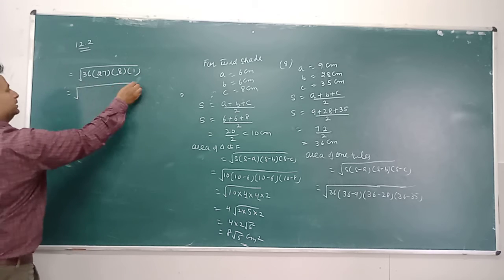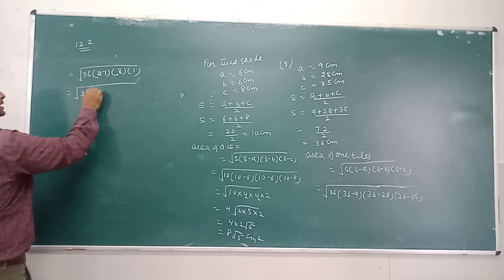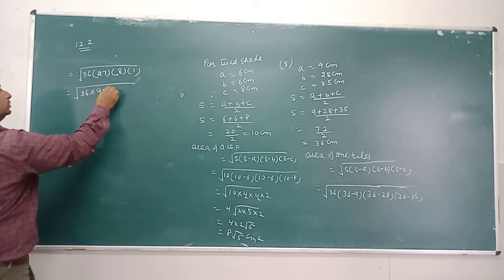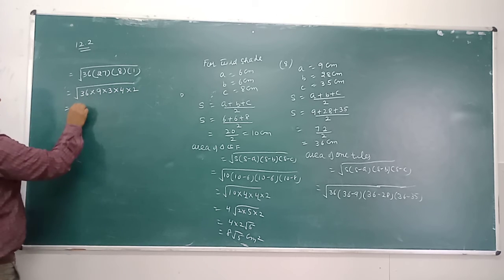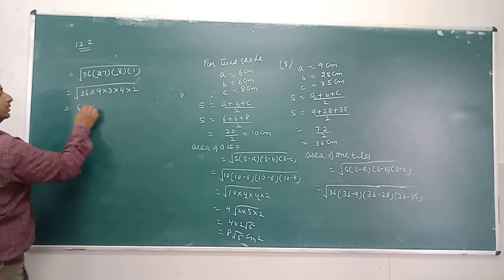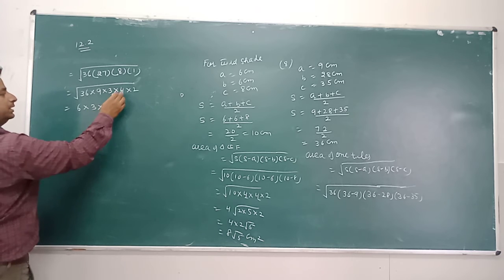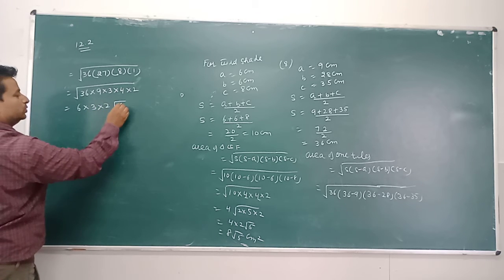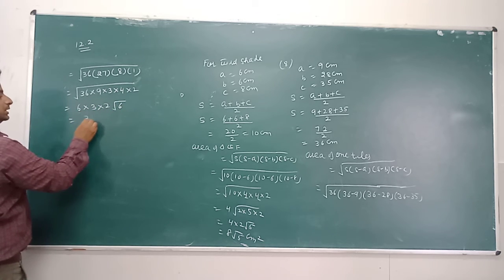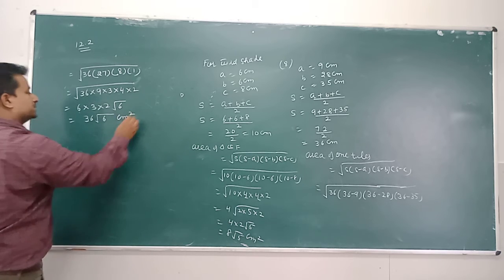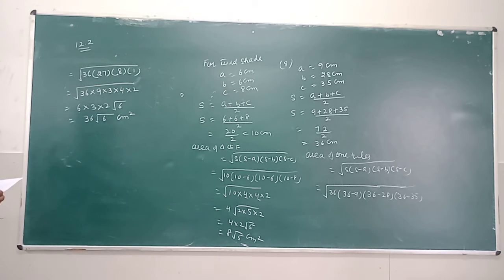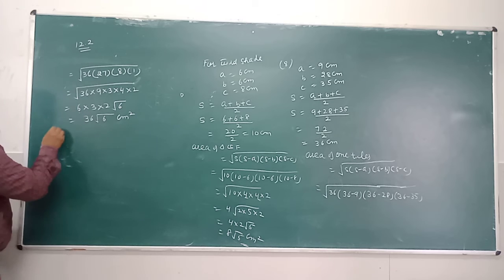Square root of 36 is 6, square root of 9 is 3, square root of 4 is 2, root 6. So 36 root 6 centimeters square is the area of one tile.